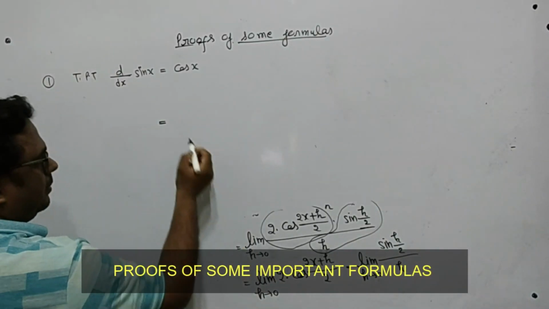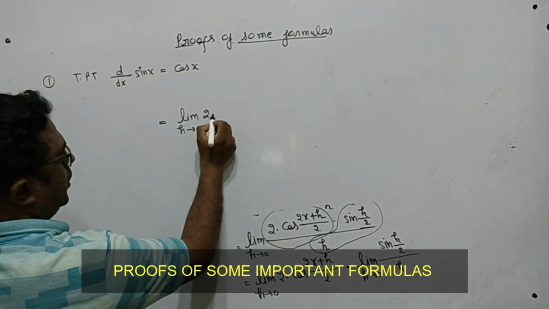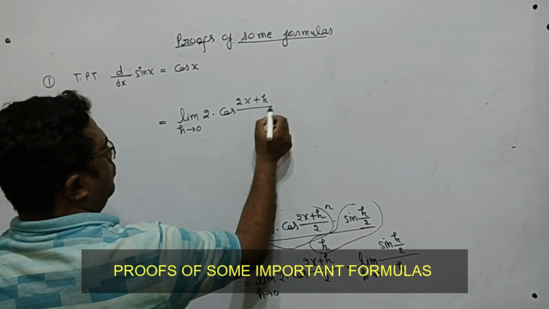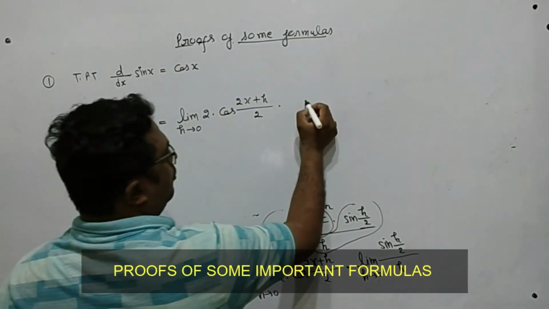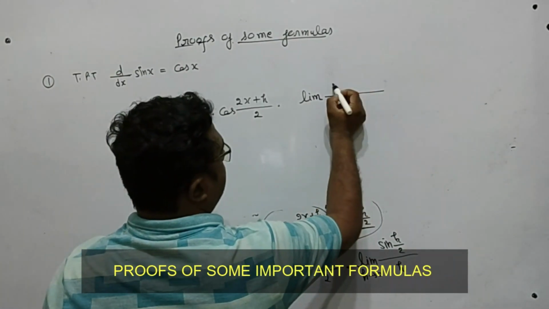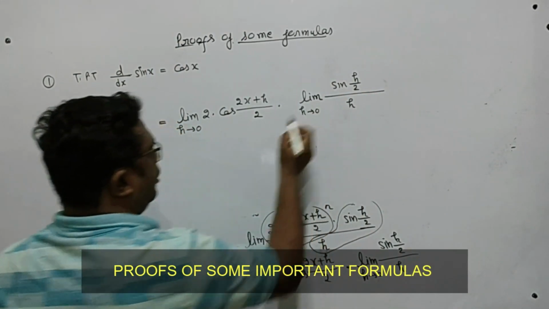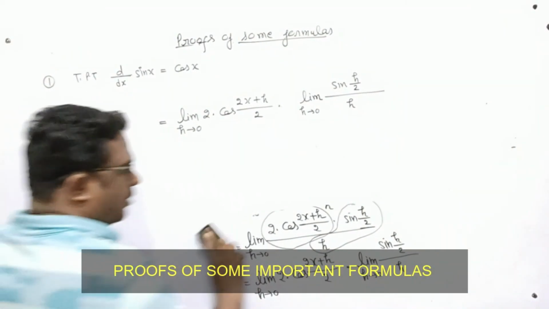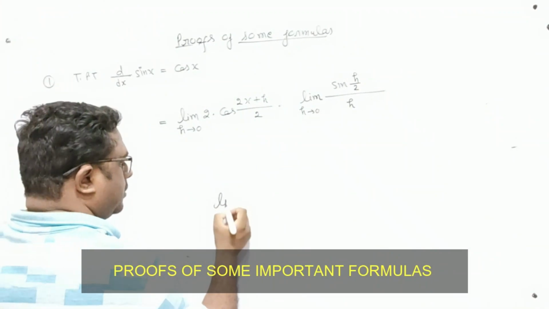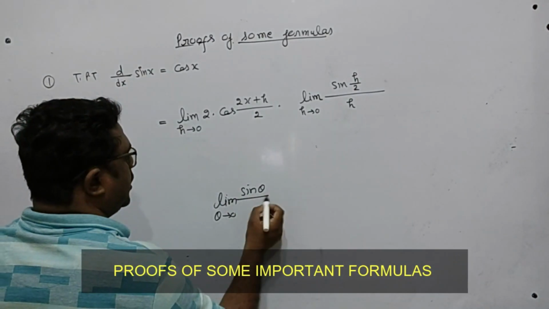Equal to limit h tending to 0, 2 into cos((2x + h)/2) into... Now you have to understand this step very carefully. In the topic of limit, we have studied a theorem: limit theta tending to 0, sin theta upon theta is equal to 1.